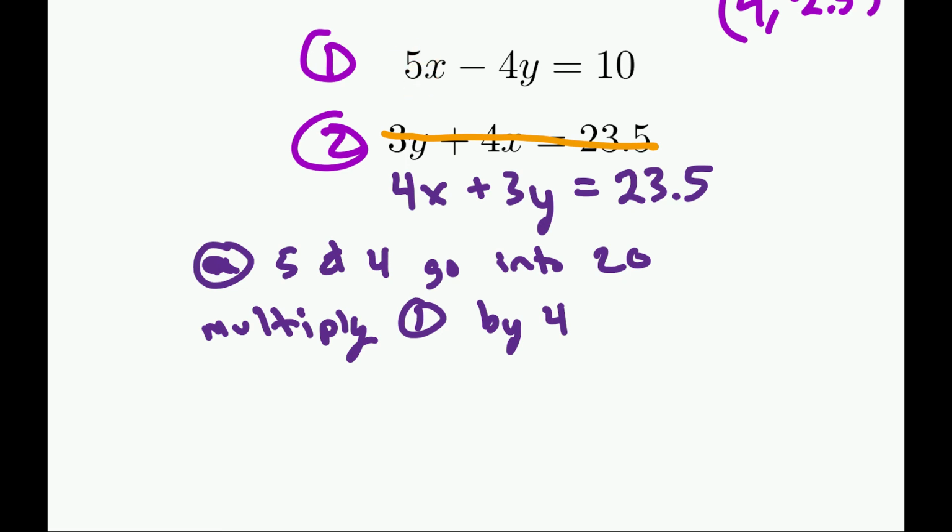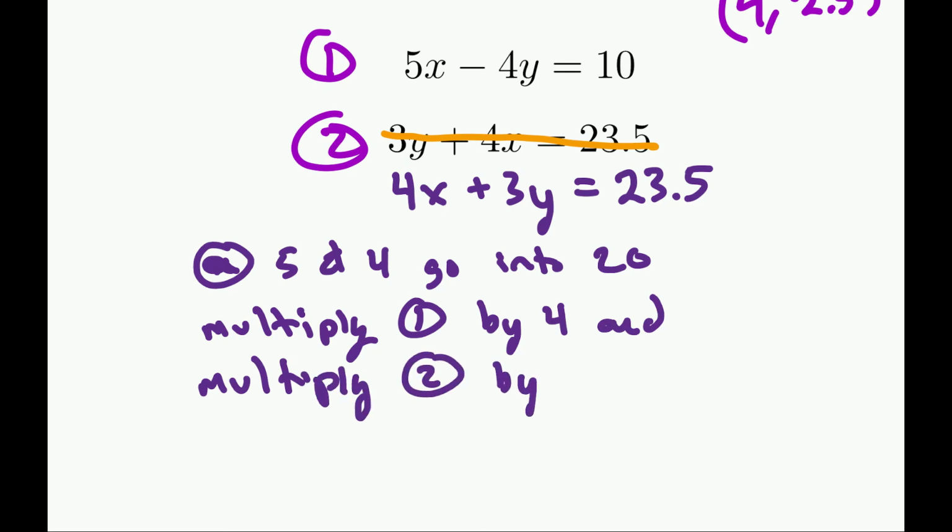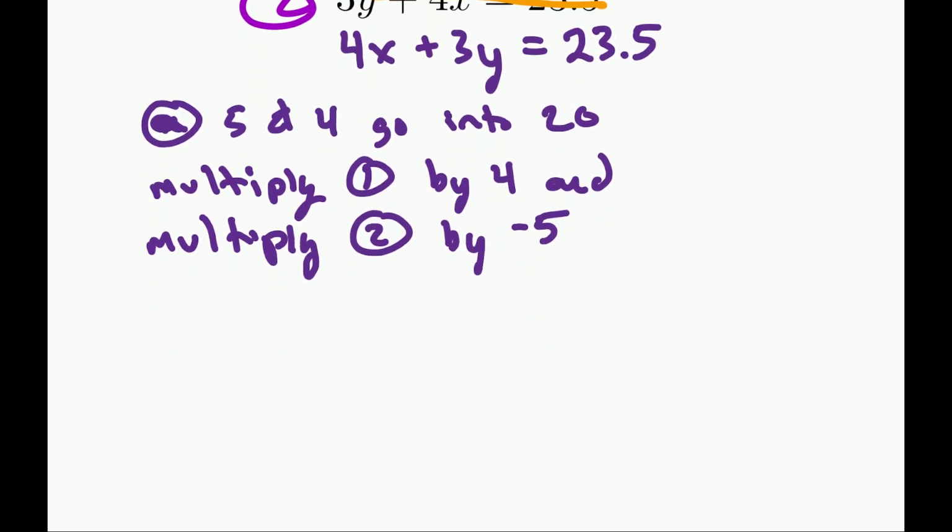Then what I'm going to do at the same time, I'm going to multiply the second equation by 5. By 5 because 4 times 5 will be 20 again. I'm trying to make a 20 here. But I don't actually just want a 20, I want a negative 20. So instead of multiplying it by 5, I'm going to multiply it by minus 5. Okay? So that's my idea.